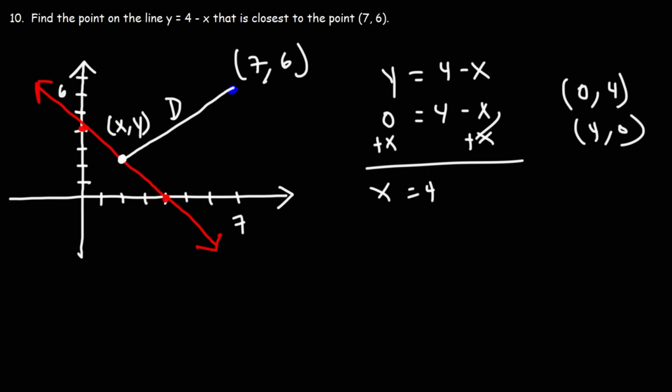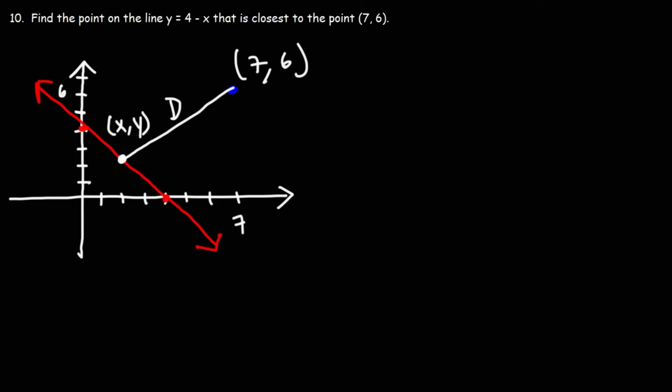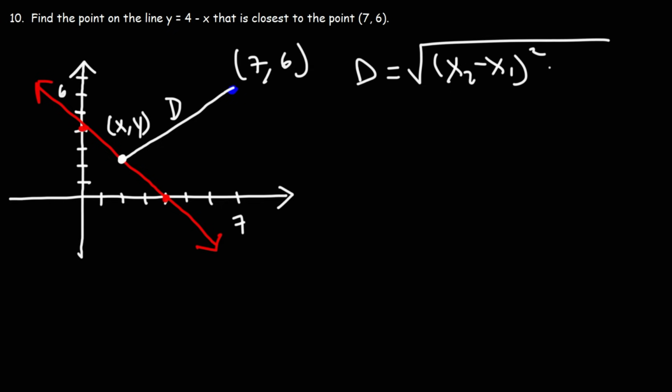So once again, we could use the distance formula. d is equal to the square root of x2 minus x1 squared plus y2 minus y1 squared. So we could say that 7 is x2 and 6 is y2. And the point that we're looking for, we'll call this x1 and y1.